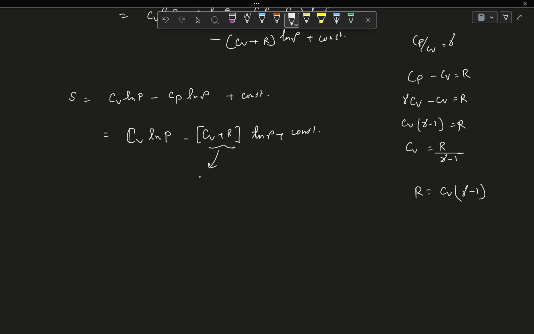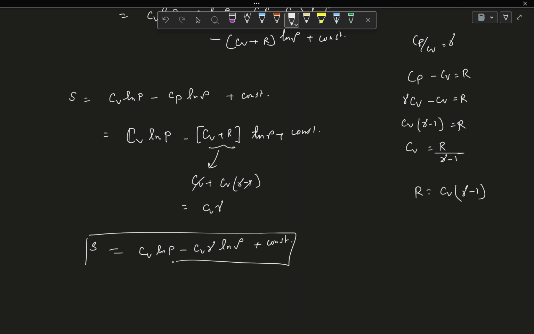So Cv plus R is basically Cv plus Cv times gamma minus 1. So this is Cv times gamma, because this Cv and this Cv will cancel out. So we are finally getting Cv ln P minus Cv gamma ln rho plus constant is equal to S. This is your entropy. So this will match your option number D. You can check.